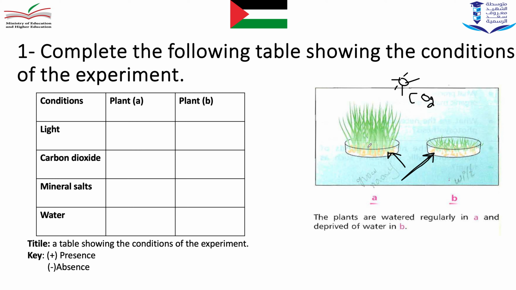But this one is with water and this one is without water. So you can put plus, plus, plus, plus, plus, plus, and here plus, and here minus. Don't forget to write the title and the key, and focus on the variable factor. We have to know one variable factor only. This is the answer of the table, and don't forget to write the title here.